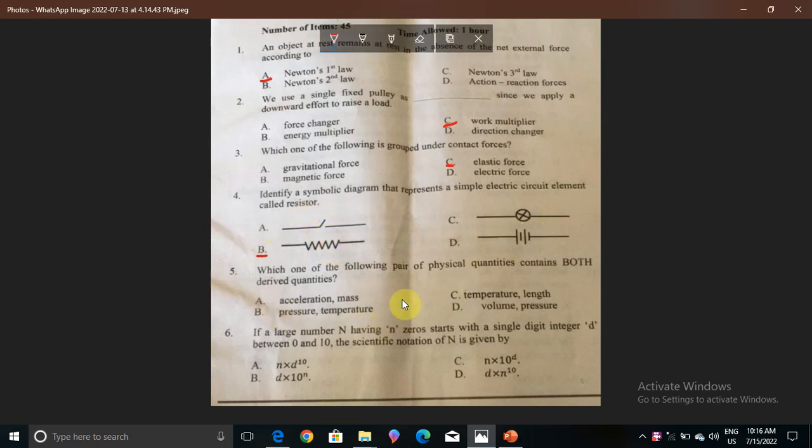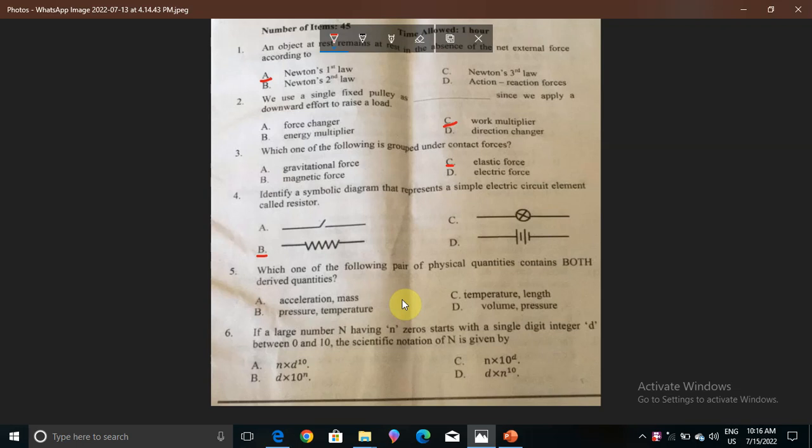Okay, now question number 5 says which one of the following pairs of physical quantities contains both derived quantities? Here we have acceleration and mass, pressure and temperature, temperature and length, volume and pressure. Acceleration and mass, I think no, because acceleration, yes, is derived, but mass is fundamental.